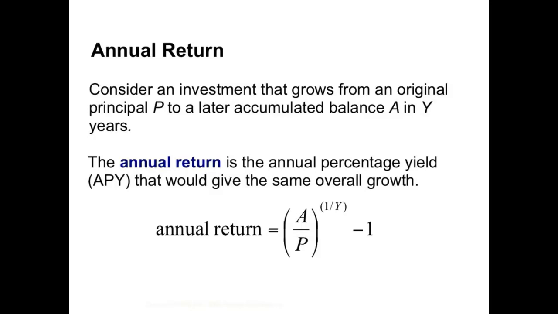So this is just like, let's say you made some money from an investment in stocks. The annual return tells you basically what interest rate, if you put the money in a savings account, would have earned you that same amount over some number of years. All right, again, just give me a hand when you're done with this slide.